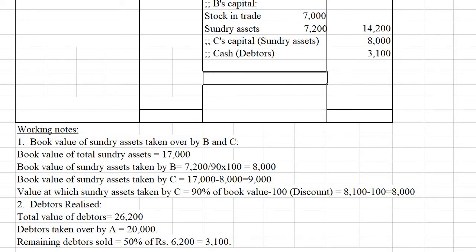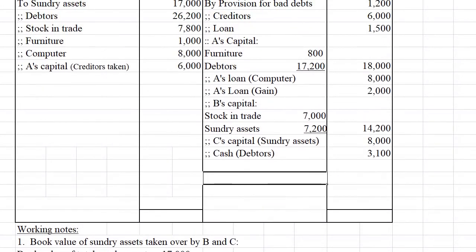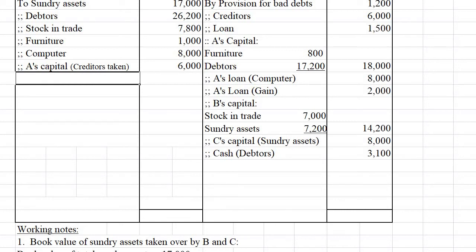Okay. Now let us see here. A's capital we have written creditors taken, and there it says that C agreed to pay the loan with the interest. So loan we had 1,500 plus interest 30 rupees.